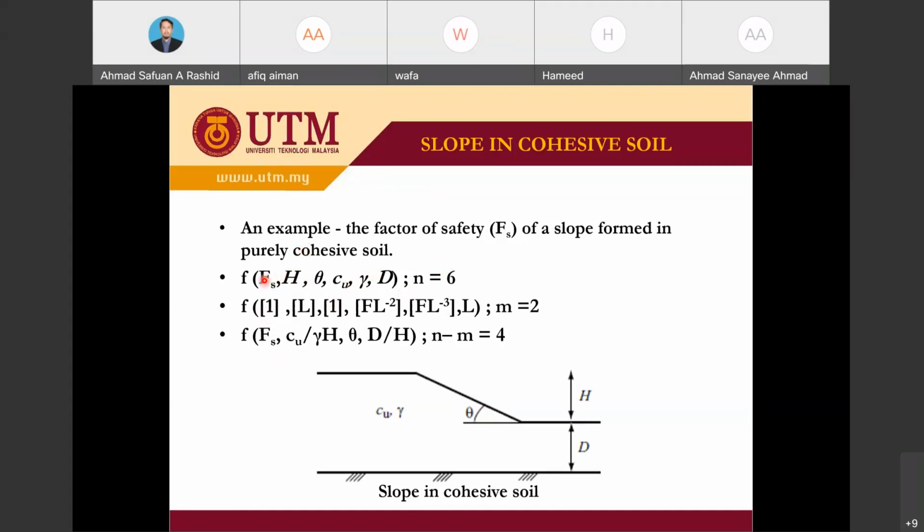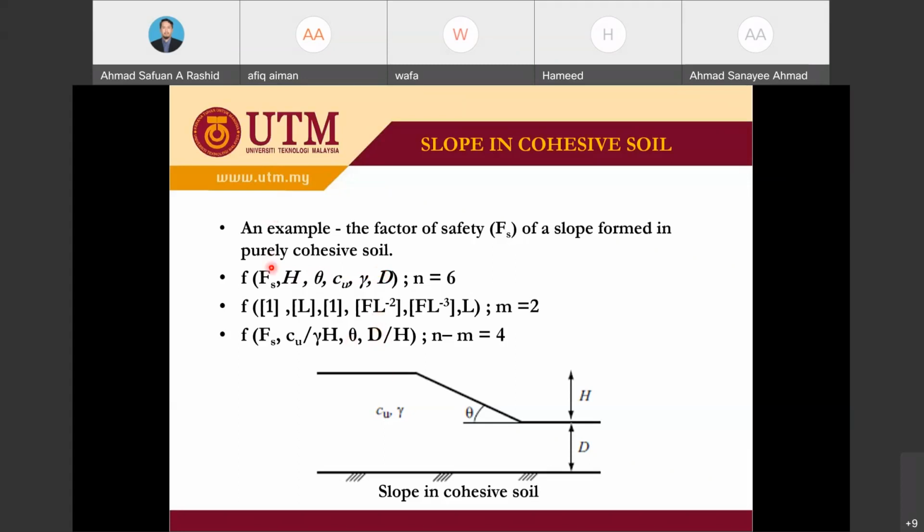So we have FS here, number 1, which is the factor of safety, and it is the output. The rest is the input. Then we have 2 H, 3 theta, 4 Cu, 5 gamma, 6 delta. So we have 6 of what we call n values.